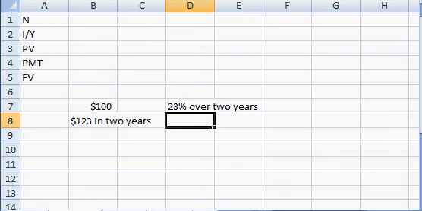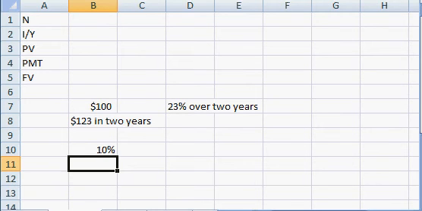Because one can collect interest at the market rate of interest, money through time has an equivalence curve. If the market rate of interest is 10% per year, that means $100 today is the same as 110 in 1 year, because I'll earn 10% on that 100.